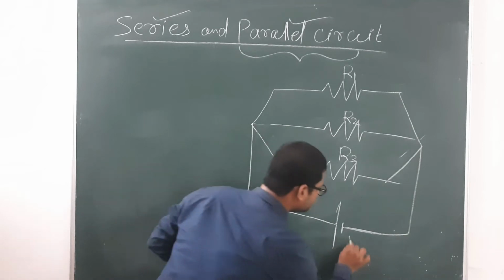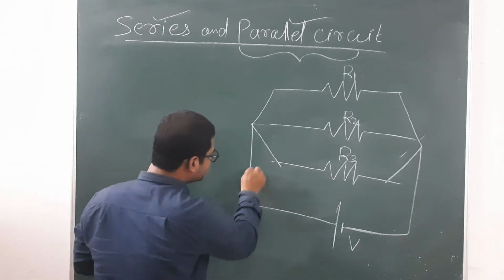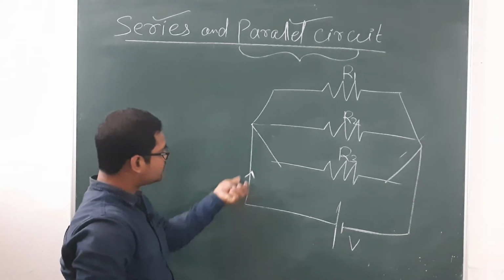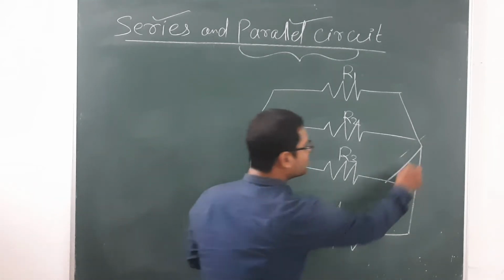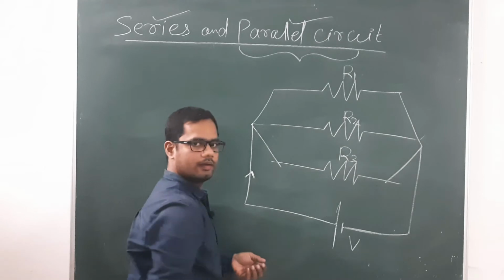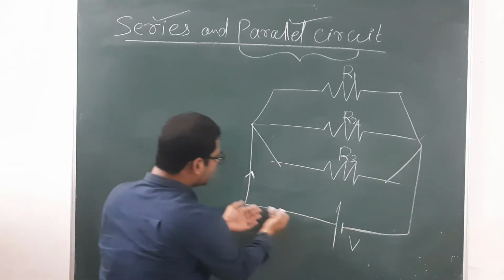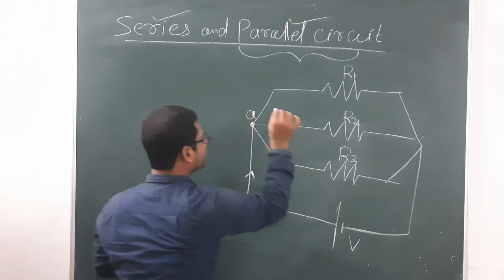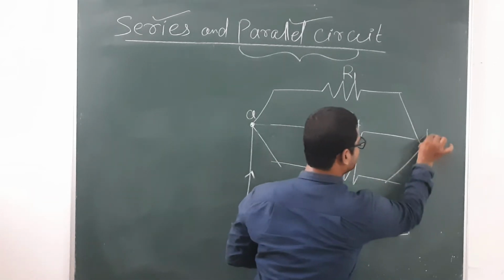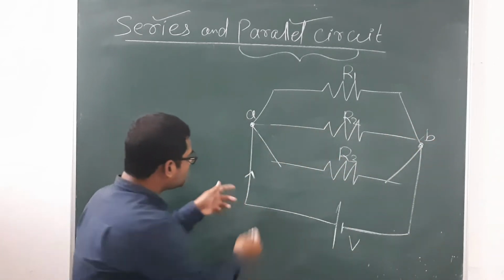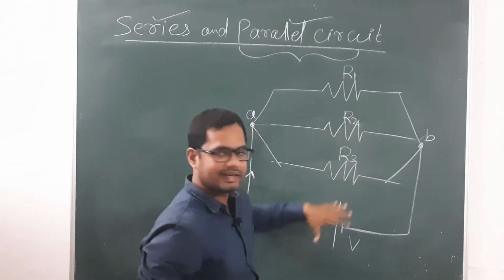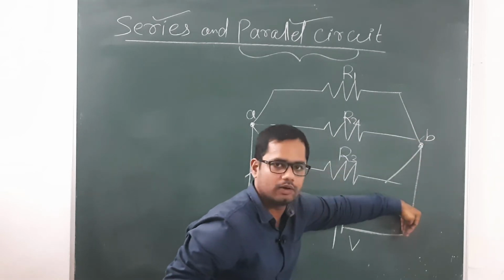This is your V. In the same way, the incoming current from the source is equal to the outgoing current from the load. Whatever the current is, suppose this is node A and this is node B. Whatever current enters node A will be utilized in the three resistances and come out through node B.